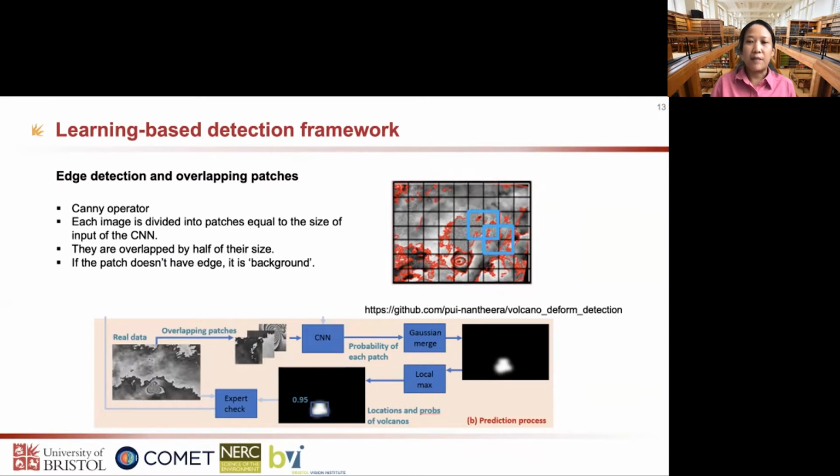Each patch is tested by the trained CNN, giving the probability of being deformation, so there is only one value per patch. Then the probabilities are merged with Gaussian weights to create the probability map of the input interferogram. Then the local maxima are detected, giving the final results. And you can check my code on the GitHub provided here.